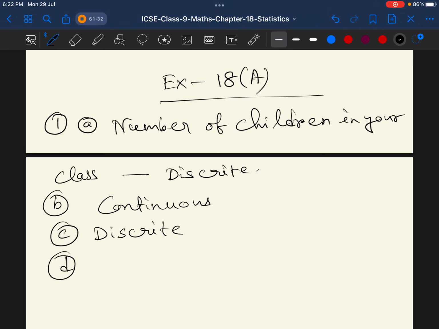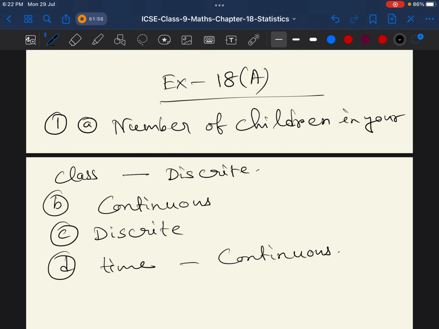Now question D, time. So this is continuous, we get 9:30, 9:15. So this is not discrete, we will not get a fixed value.